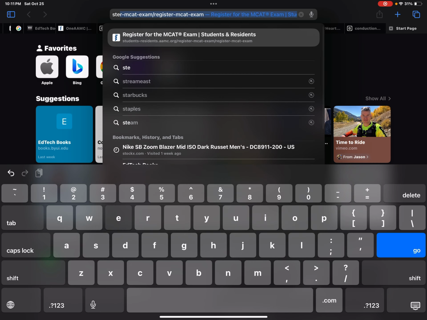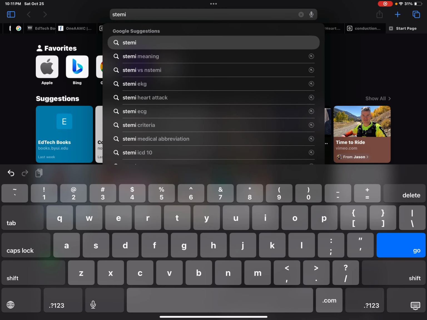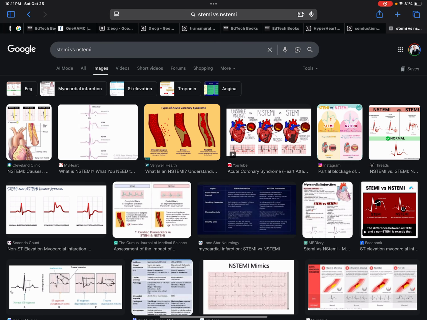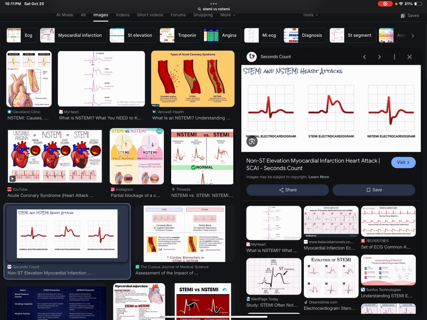I'm going to go so we can write on this. Okay, so right here is the S, and here's our T. On non-STEMI, this is an ST depression because it's lower. And our STEMI is an elevation.